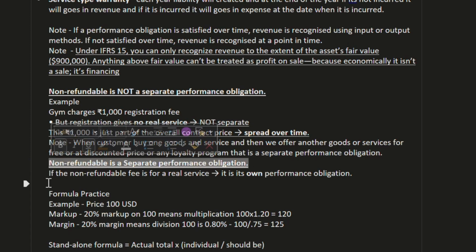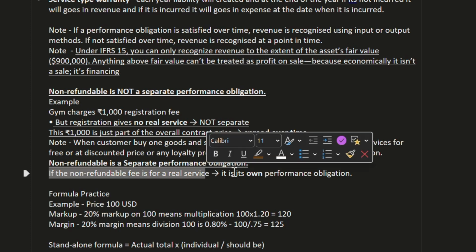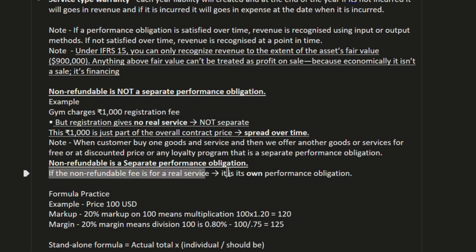If a non-refundable fee is for a real service, it is its own performance obligation. For example, we paid a separate 1000 non-refundable fee and we got a trainer. That is a separate performance obligation, because we got a real service.